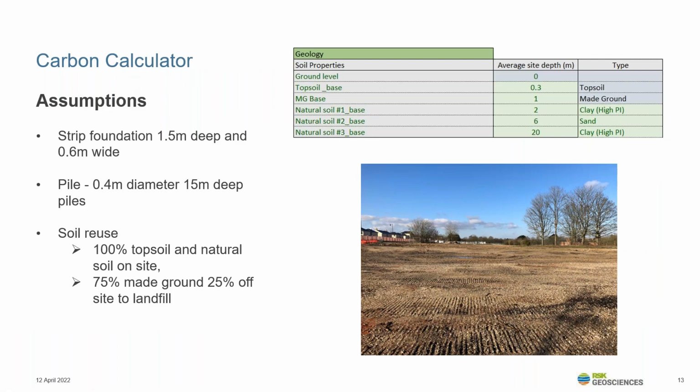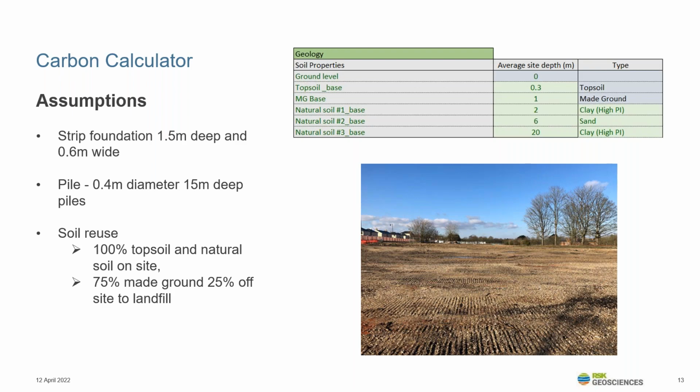So we made a number of assumptions in putting this into our model. There's the geology model: topsoil where present on site is 0.3 metres deep, we've averaged the made ground across the site to 1 metre, and taken the clays and interbedded sand and clays between 2 and 6 metres.